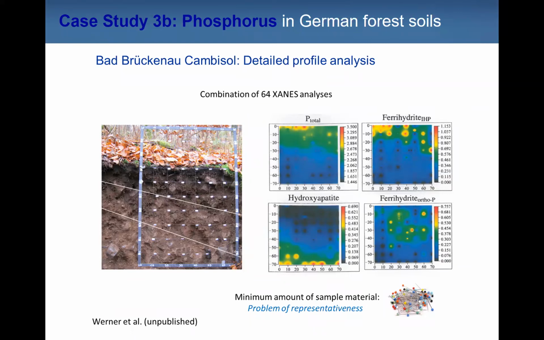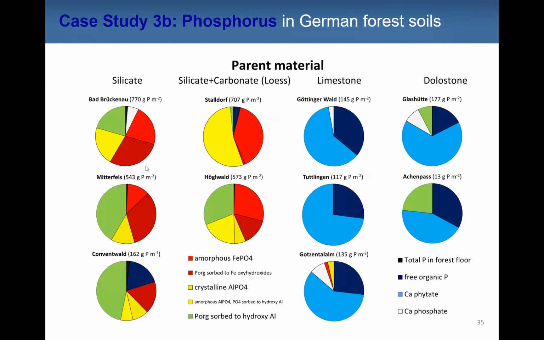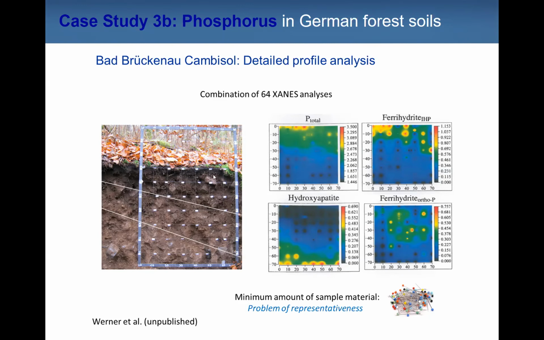I mentioned at the beginning of my talk that the small amounts of samples needed for XANES analysis allow you to assess your P speciation not only on a horizon mode, like we did here with different horizons, but also to identify spatial heterogeneity within horizons, and to look if the horizons are really horizontal or if there are maybe other patterns in the soils.